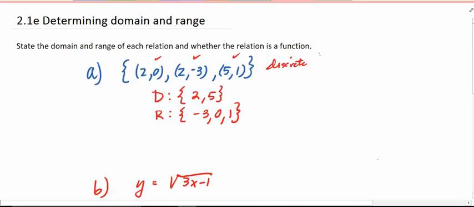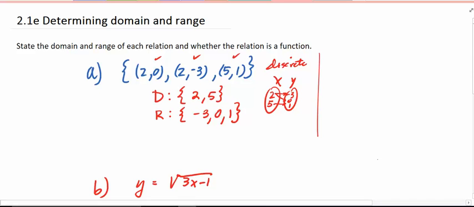Now, the next question is it a function or not? Well, if I do a little mapping here, I have a 2 and a 5, and I have a -3, 0, and 1. 2 maps to -3. 2 also maps to 0, and 5 maps to 1.